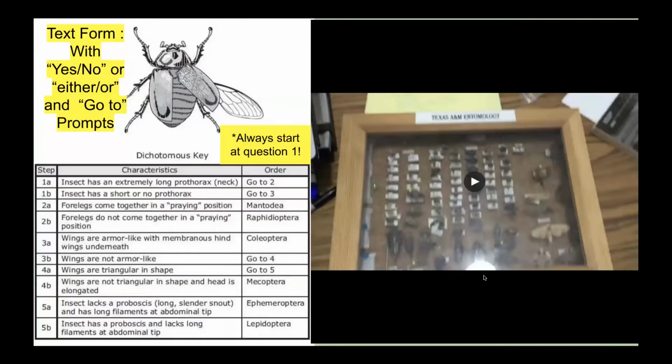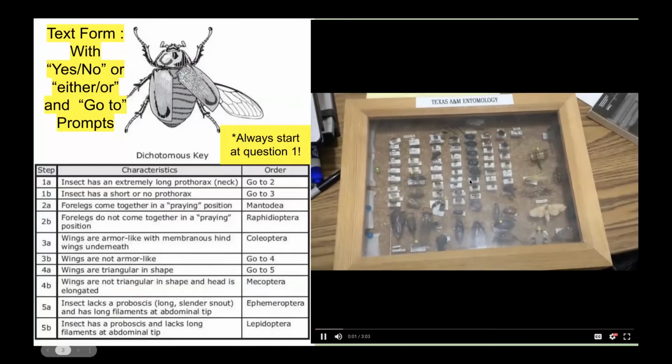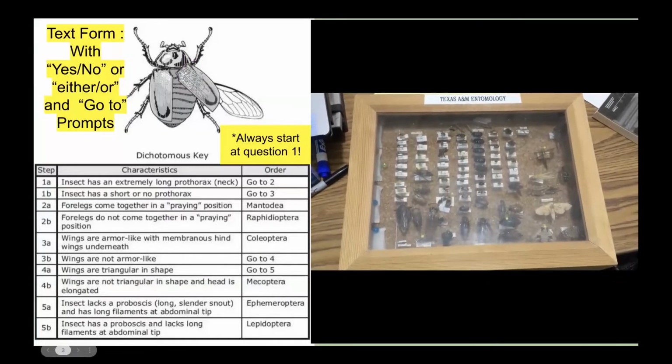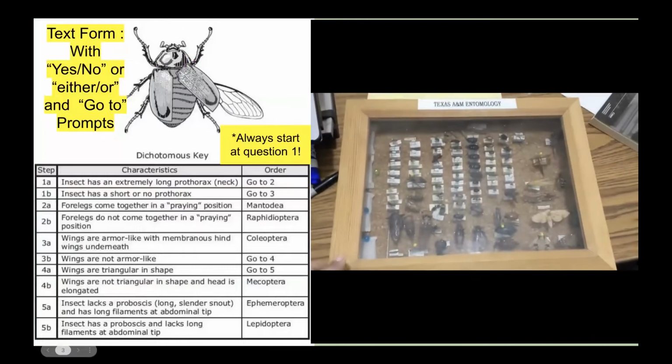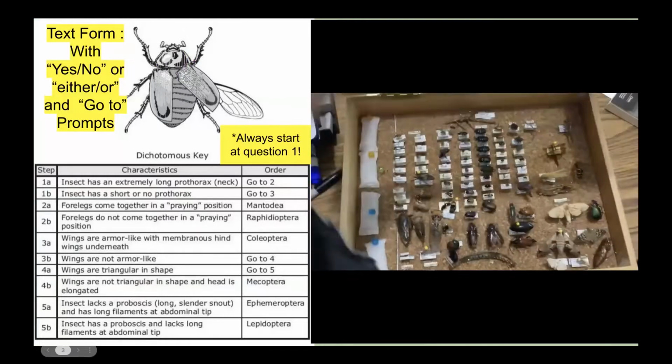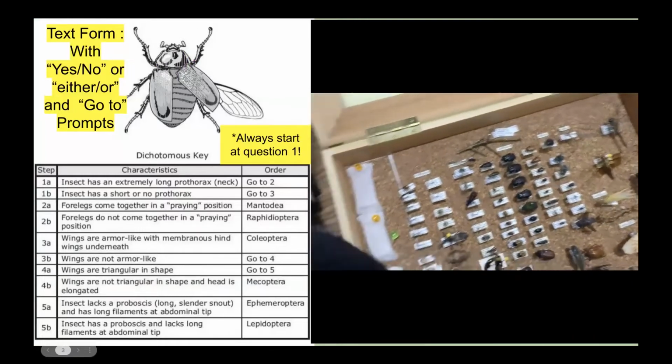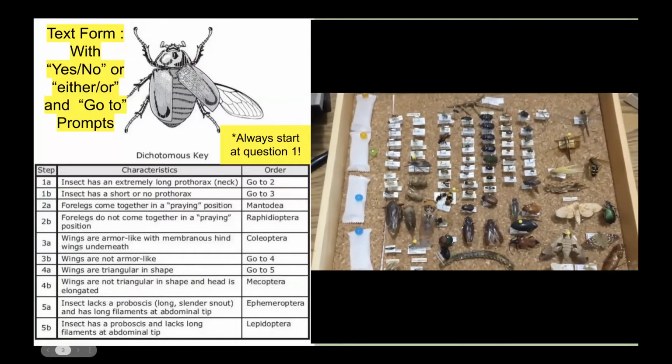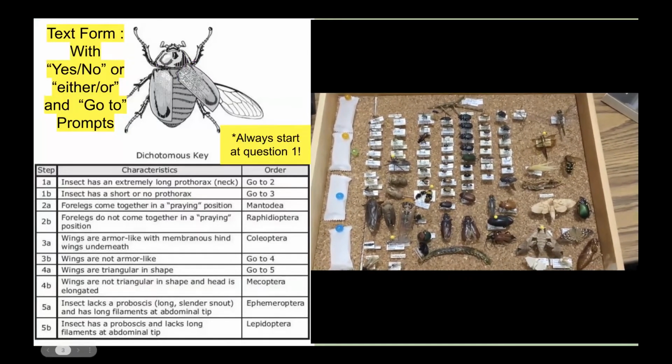So let's talk about how a dichotomous key works. So on this little video here, when I was in college, I studied entomology, and part of the projects that we had to do for one of our courses was we had to collect insects for a collection and we had to properly identify them.